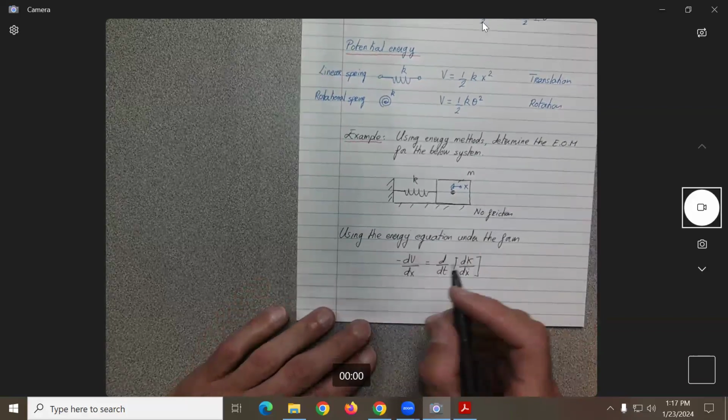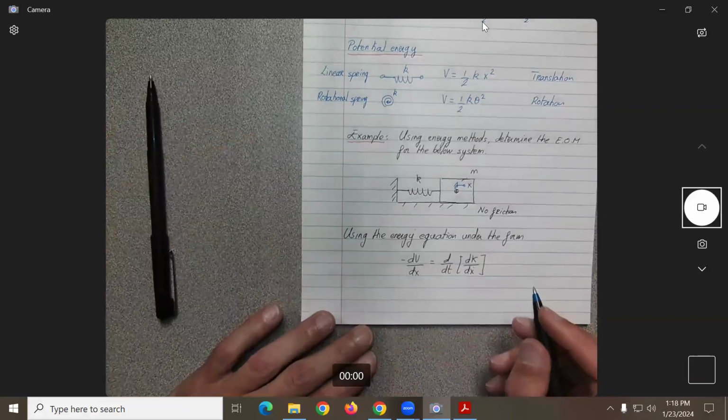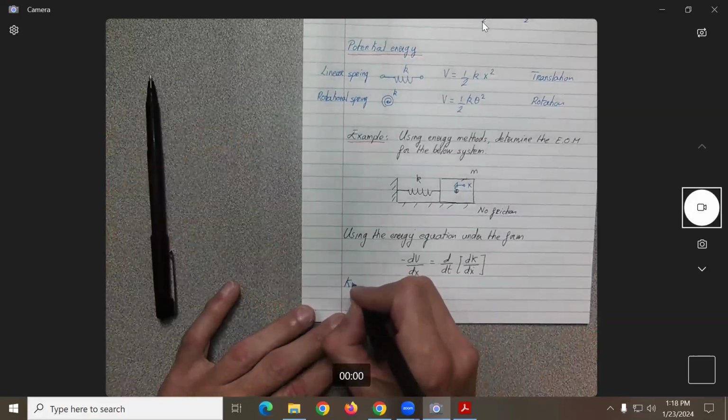So maybe I can do it over here. Okay, I'm going to do it here because I want to have to redo the equation on the next page.